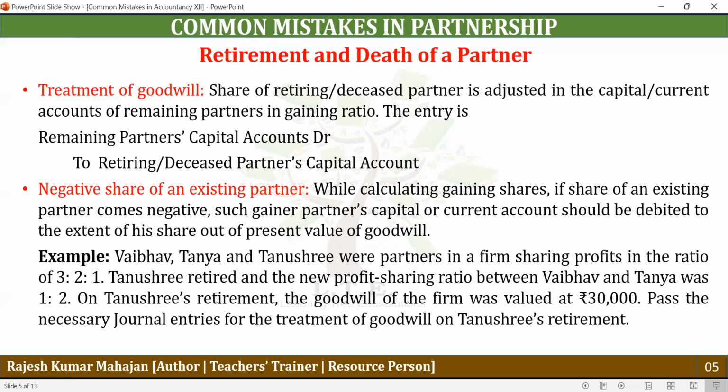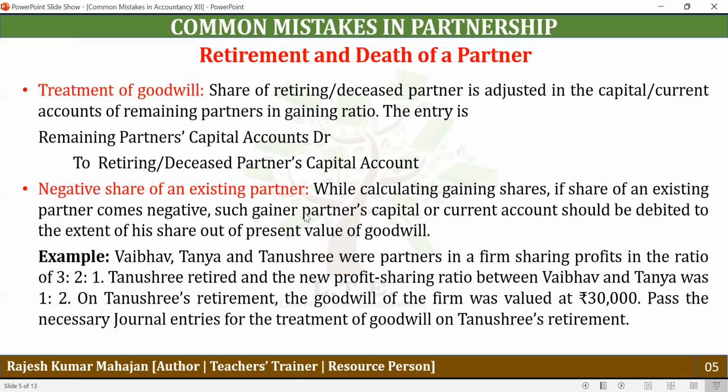First you find out the present value of goodwill. Out of the present value of goodwill, you find out the deceased or retiring partner's share of goodwill, which is credited, and the gaining partners' share is debited in the capital account or current account of the partners. If nothing is mentioned in the question, we assume the capitals are fluctuating and we use the term capital account.